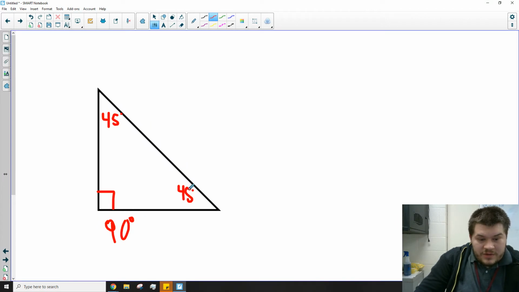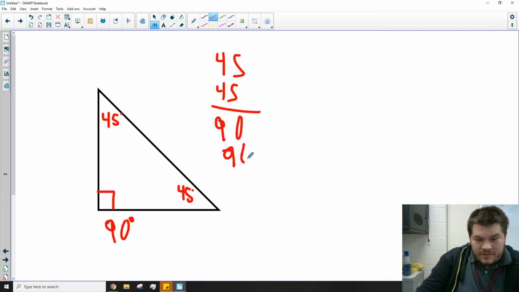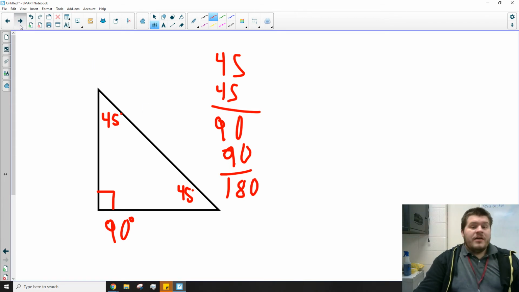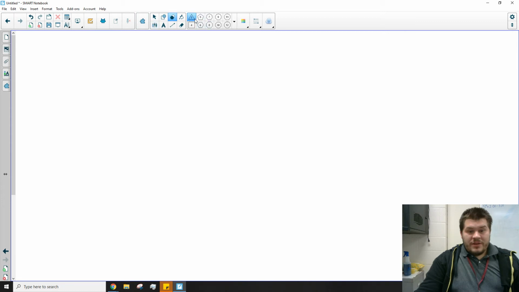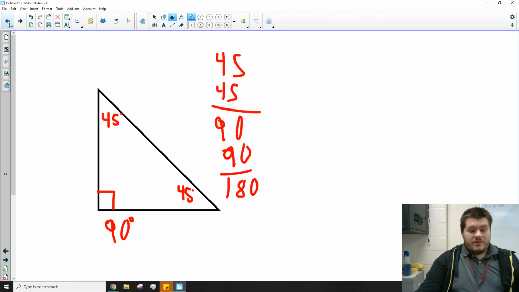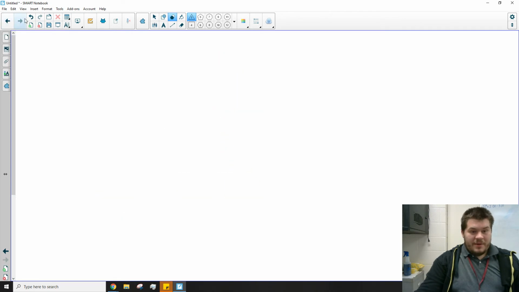If I add all three together, 45 plus 45 gives me 90, and if I add another 90, that gives me 180. So they add to 180. I could do the same thing with an equilateral triangle where all three are 60, and that gives me 180 as well.